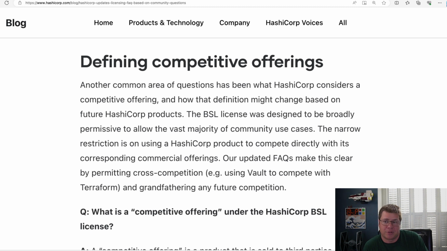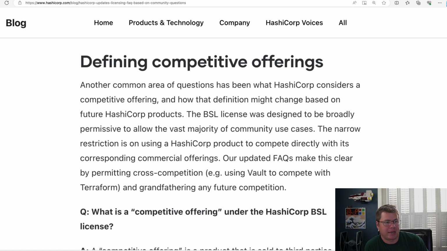Terraform versus Terraform++. Vault versus Vault++. Basically, Terraform++ is what I'm calling these third parties that took Terraform and basically created a Terraform Cloud competitive offering, or took Vault and created a Vault Enterprise competitive offering.